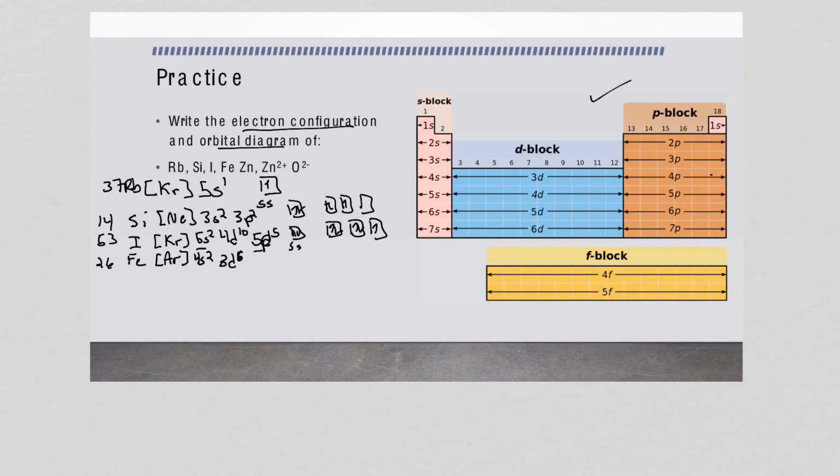And again, our orbital diagram. Here, since the d is only partially full, we're going to write it out. So I have my 4s, and I have my 5 orbitals of my 3d. I have 1, 2, 3, 4, 5, 6.